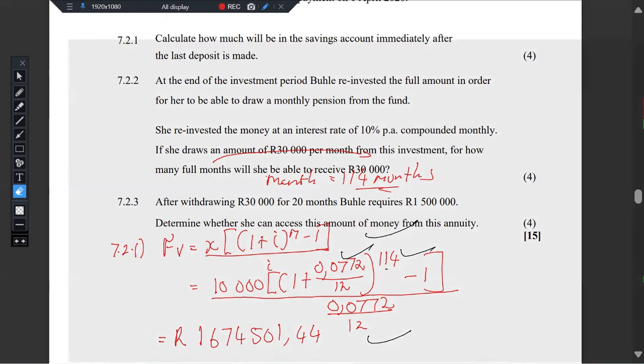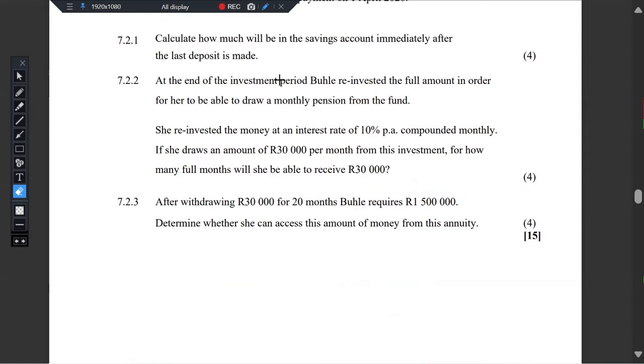Now, 7.2.2 says at the end of the investment period, Buhle reinvested the full amount in order for her to be able to draw a monthly pension. You see, this time around Buhle is reinvesting this amount, but this time it's not to grow the amount. It is actually to withdraw from the amount. So that means we are no longer dealing with a future value problem.